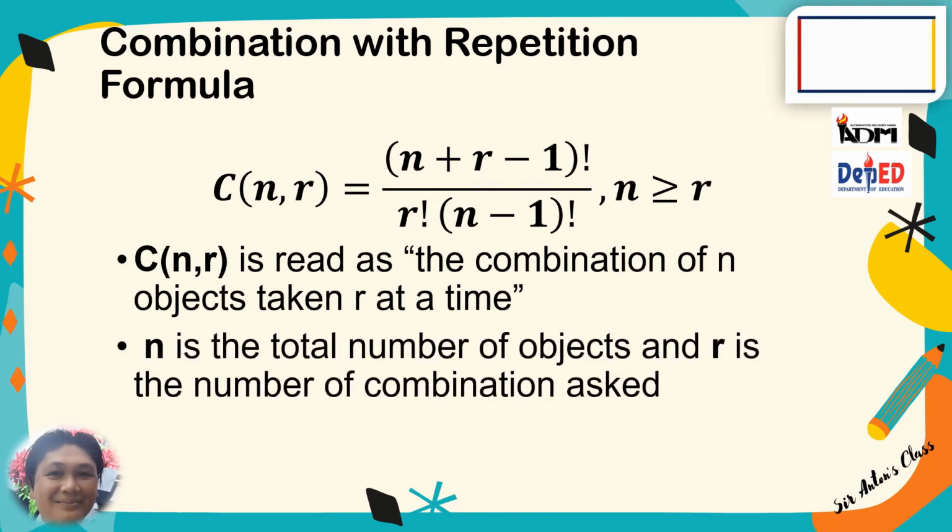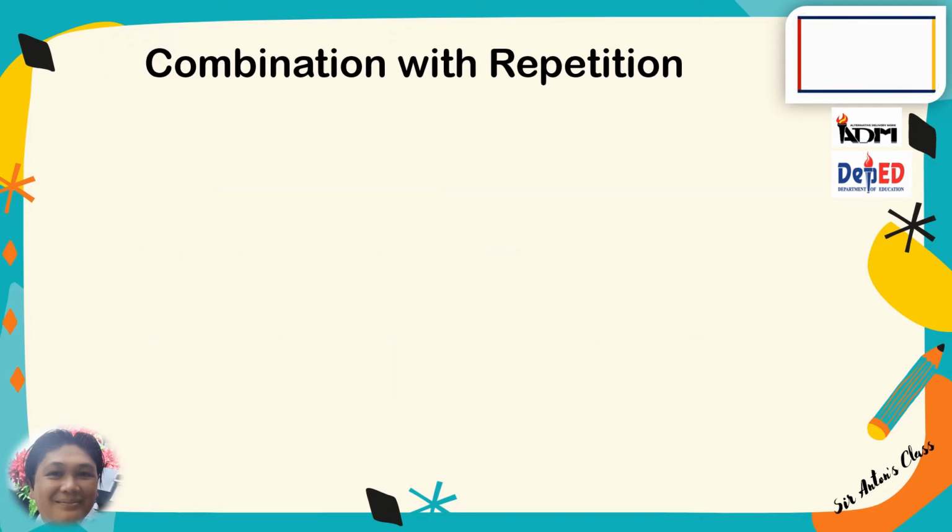So it's just the same. But take note and please try to differentiate the combination with repetition formula from the combination without repetition formula. Okay, so let's use this formula to solve using the ice cream example.